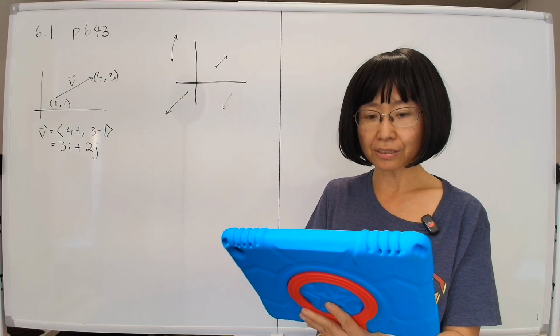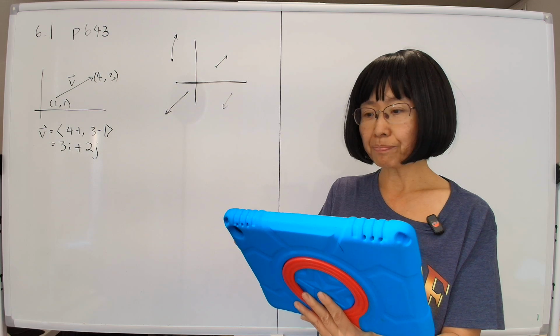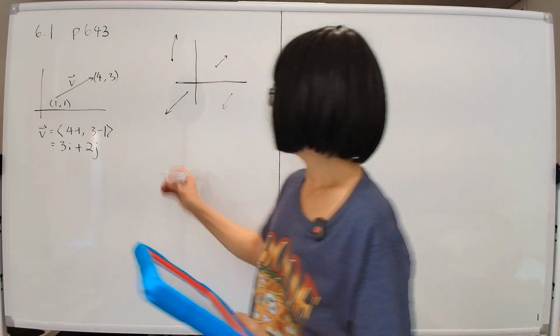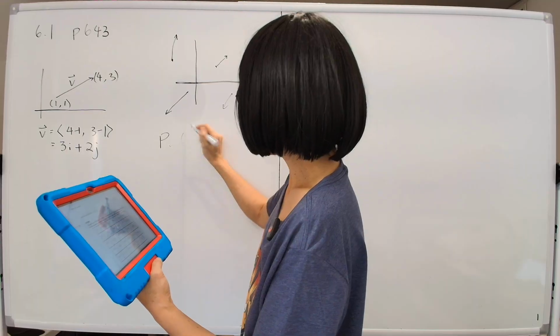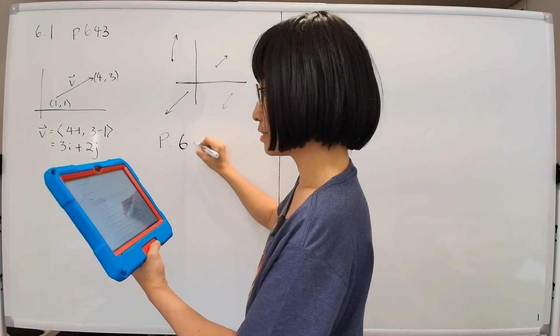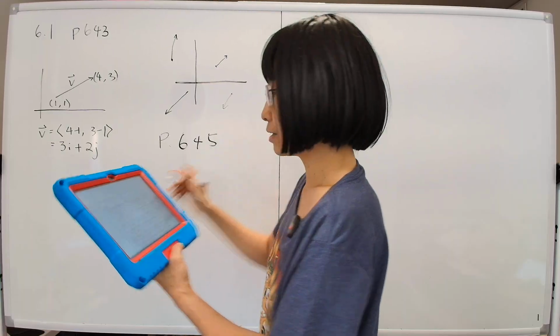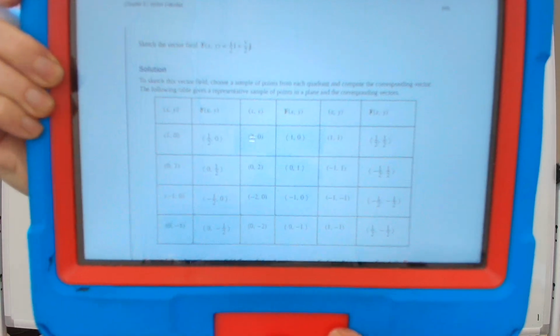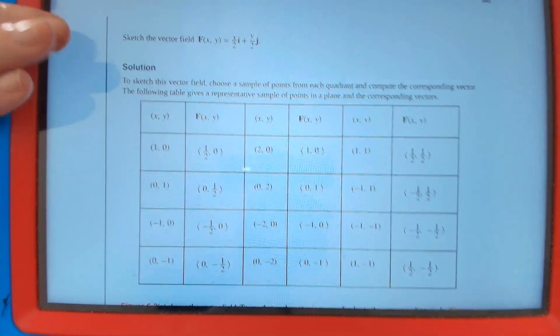Let's look at example 6.2 on page 645, where we have a radial field. It's just x and y having the same representation, basically. Here's a radial field, and what is it?